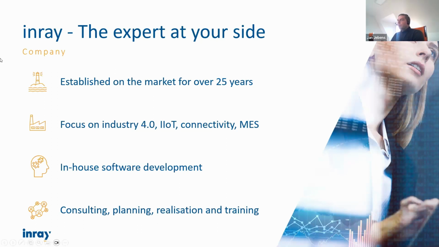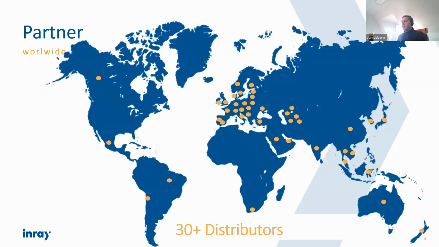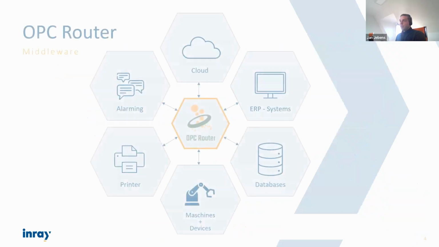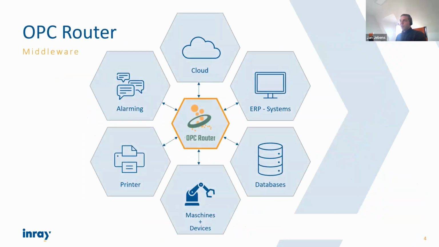So we develop our software products centrally here in the north of Germany, but we also have partners worldwide, and we offer also consulting and realization on site with our project development team. So as I said, it was 25 years ago founded in Germany, but today we have 30 distributors in over 60 countries, I think, distributing OPC router and providing support. So when it comes to OPC router, it should be no problem to have support in your local language.